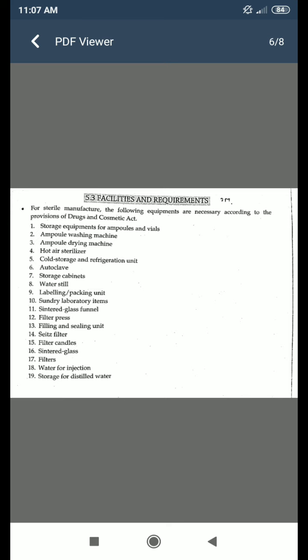First is storage equipment for ampules and vials. Second is ampule washing machine. Third, ampule drying machine. Then hot air sterilization, cold storage and refrigeration unit.